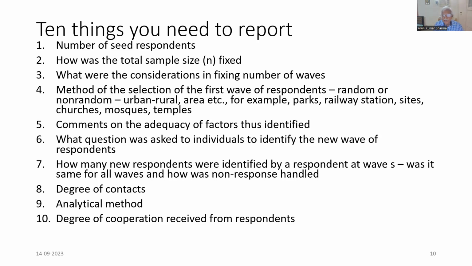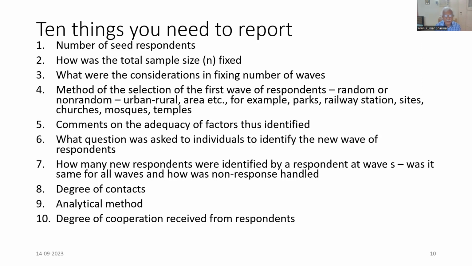Seven, how many new respondents were identified by a respondent at wave S? Was it the same for all waves, or how was non-response handled? How many new individuals were identified? Sometimes in different waves, you may identify different numbers of individuals, mention them. And if some individuals who have been identified by earlier recruiters refuse to give you an interview, how did you handle the non-response?